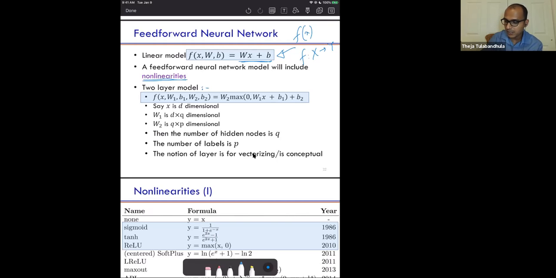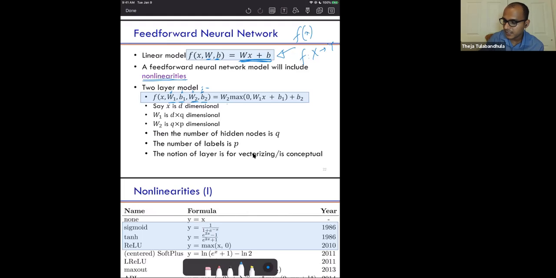And so the two-layer model will have a bunch of parameters, W1, B1, and W2 and B2, okay? If you compare with the linear model, it had two parameters W and B. Now this two-layer model with these four parameter elements, W1, B1, W2, B2, is going to look like this.